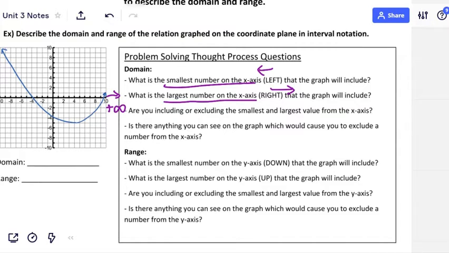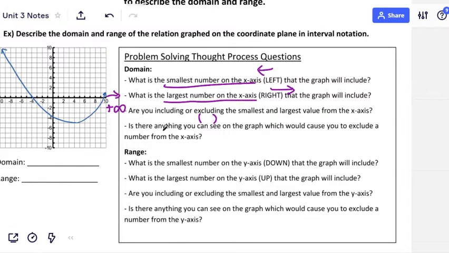Now I'm going to look to see if I am including or excluding the smallest and largest value. So can we include infinity or do we have to exclude infinity? Well, as we know, negative infinity and positive infinity both never end. So both of those values will be excluded, which means they're going to be using parentheses.